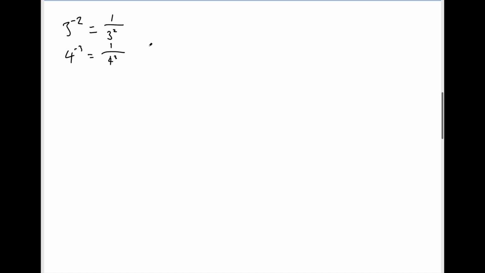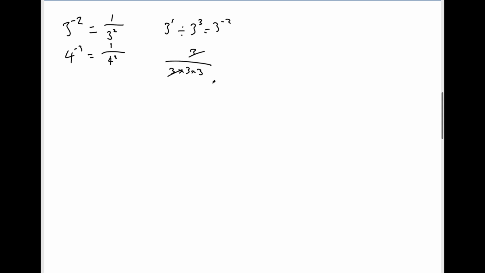Okay, why is this the case? And I think I've abused this argument way too much, but it just works, right? So let's say we had 3 to the 1 divided by 3 to the 3. This is the same thing as 3 to the minus 2, and I think you might already see where I'm going with this. Right, after cancelling one of these 3s, we can't cancel any further on the numerator.